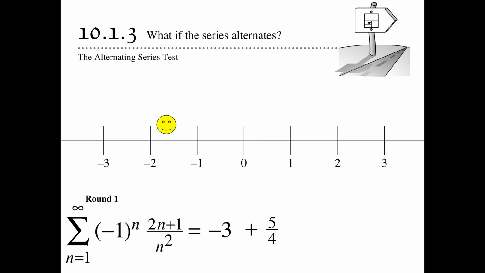And they move the game piece by adding or subtracting that next term to the series as a whole. There's the new location. And play continues until both teams agree that the series will converge or diverge. And as you can see, this series converges on a sum of a little bit less than -2.